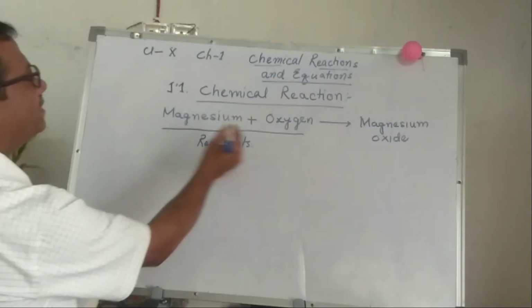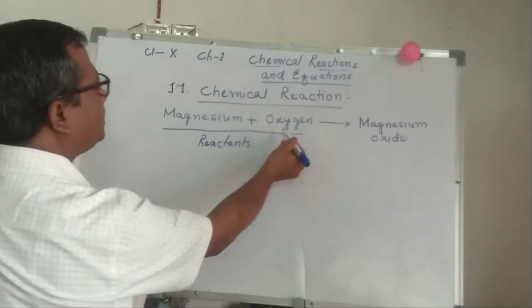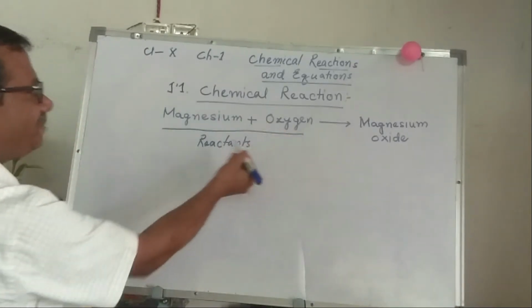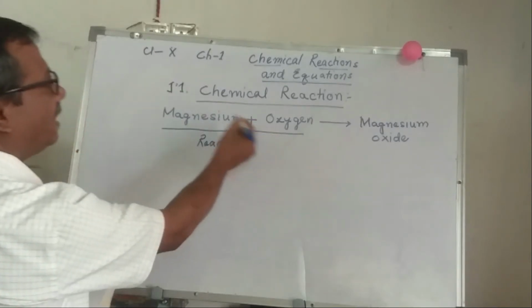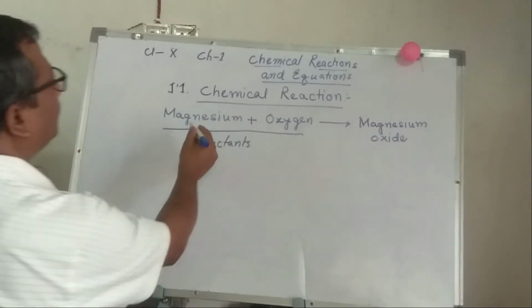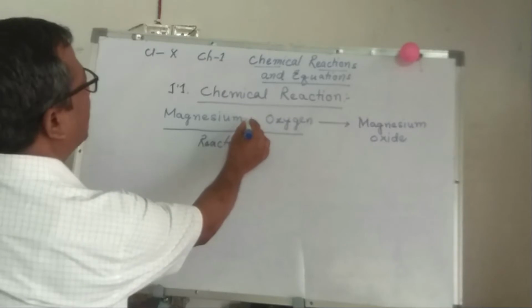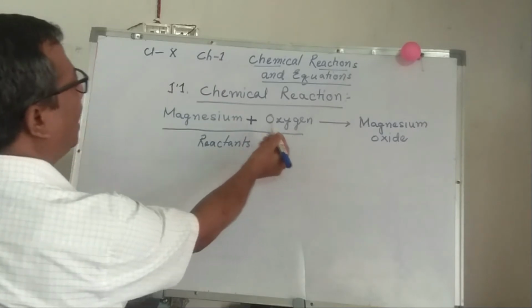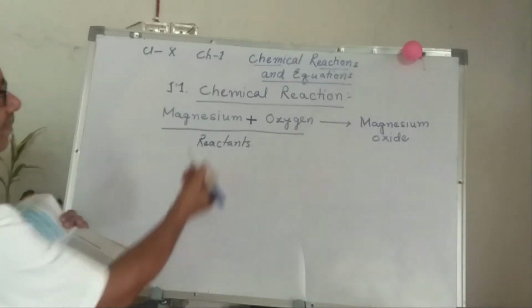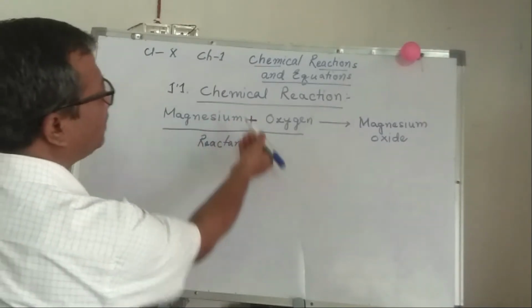That means magnesium and oxygen participate in the reaction, so they are called reactants, and they are shown with a plus sign. This plus sign indicates that magnesium and oxygen are the reactants taking part in the reaction.